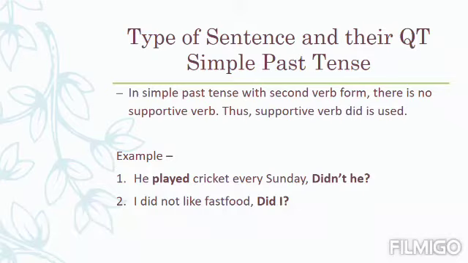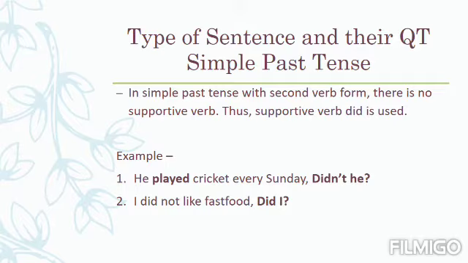Look at the examples which are given here. The first example is he played cricket every Sunday. In this sentence, we don't see any supportive verb. We don't see was, were, we don't see am, is, are, we don't see shall, will. So what can we use as a supportive verb? See here, he played cricket every Sunday is a sentence of simple past tense without a supportive verb.